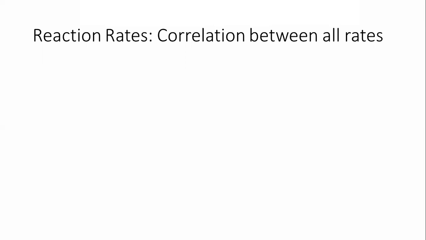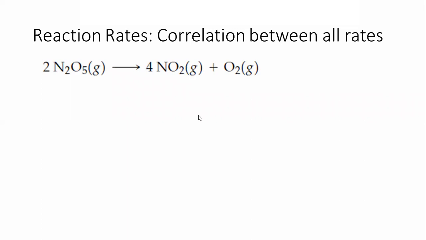We have already used this reaction, the decomposition of dinitrogen pentoxide into nitrogen dioxide and oxygen. In a similar way you can do the exercise with any reaction, and write down the rate of the reaction. There are two main objectives.